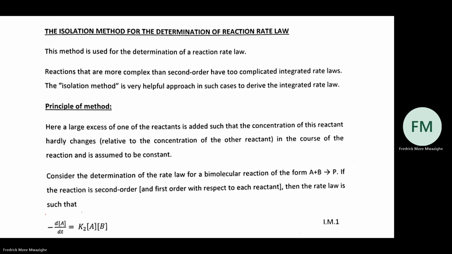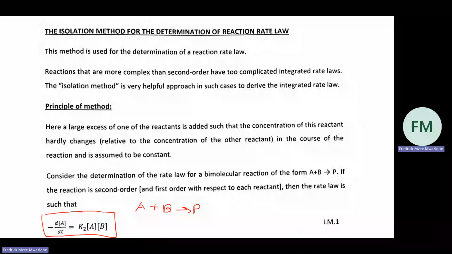If you have a reaction that has two reactants, like A plus B gives us a product P, we say that for you to write the rate law of this reaction, you need to know the order of the reaction with respect to each reactant. So how you can do that experimentally is making one of the reactants to be in excess.